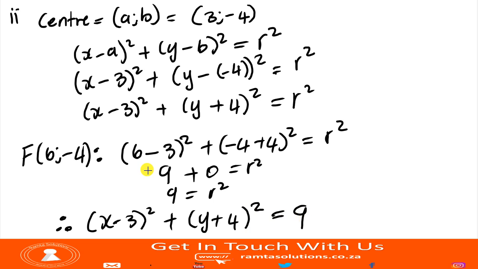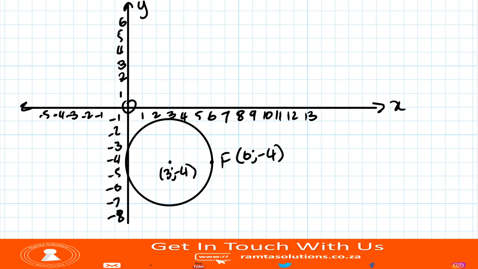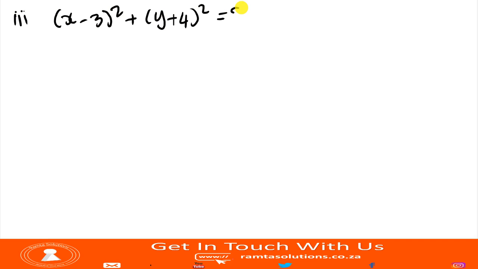Okay. Perfect. Proceeding. Now we need to determine if the point 3 over 2 and minus 2 lies on the circle. So let's see, Roman figure 3. Remember, the equation of our circle was (x minus 3) squared plus (y plus 4) squared equals 9.